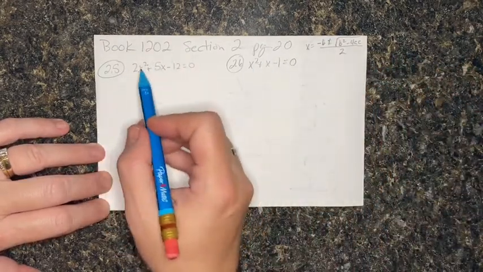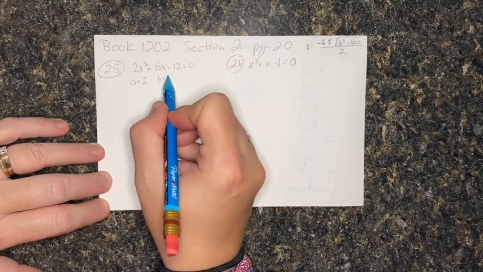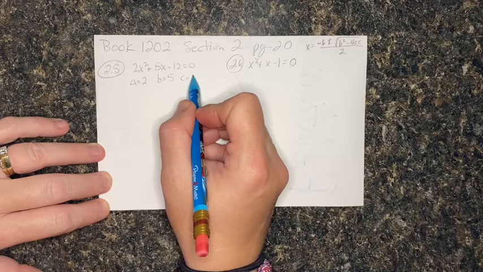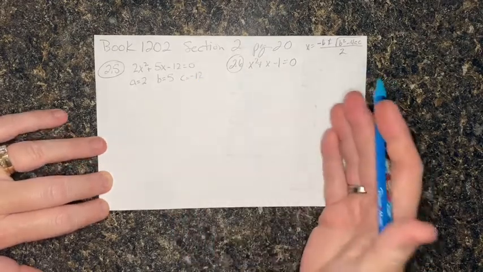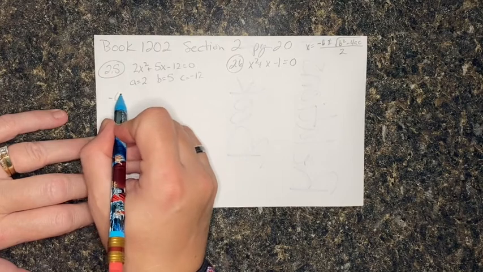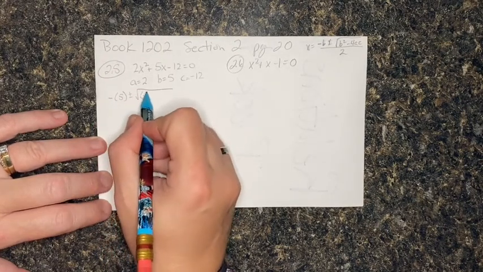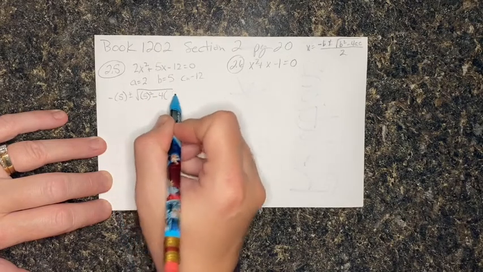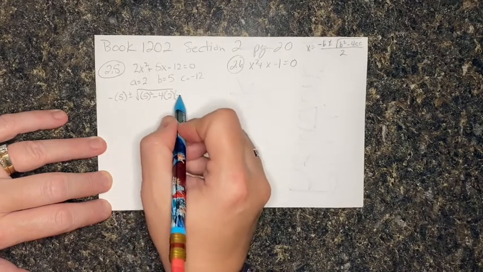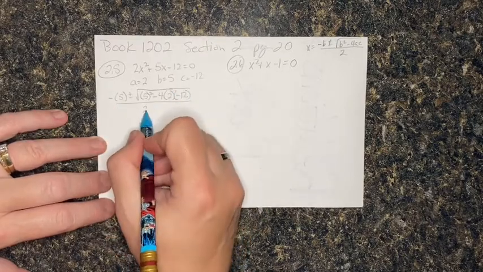So for number 5, our a is equal to 2, our b is equal to 5, and our c is equal to negative 12. And then we simply put those numbers into our equation. So we have negative 5 plus or minus the square root of 5 squared minus 4 times 2 times negative 12 all over 2 times 2.